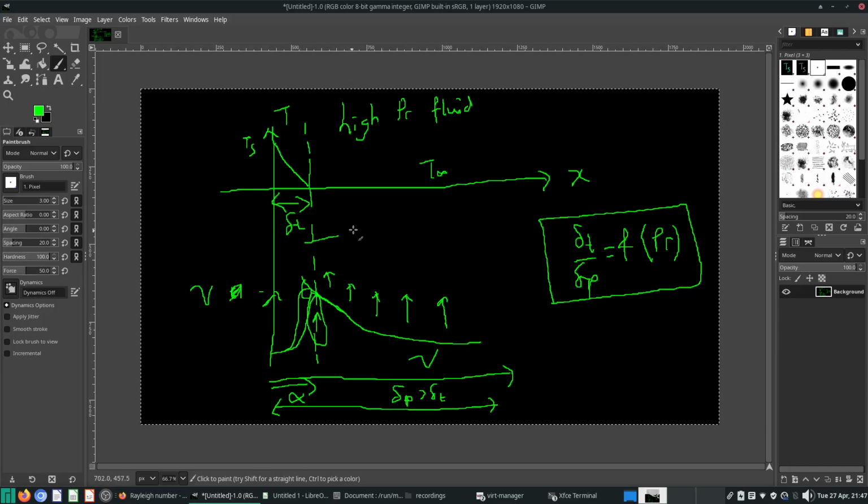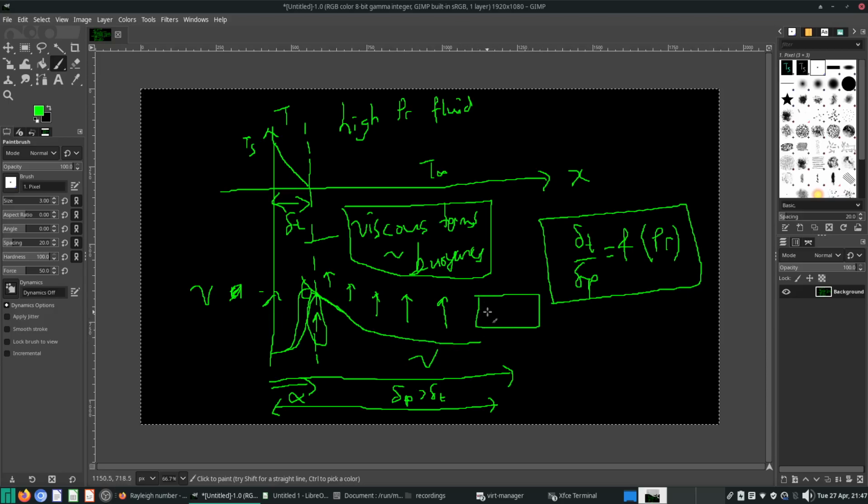The viscous terms will be on the order of magnitude of the buoyancy terms. Outside here, it will be advection, no more buoyancy term here.